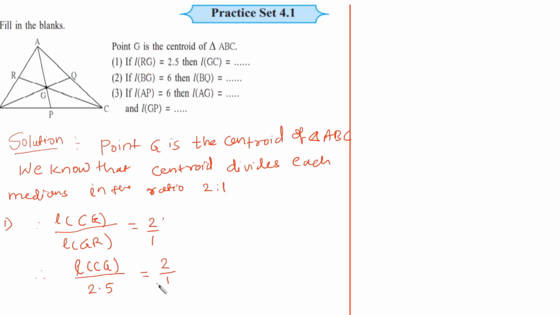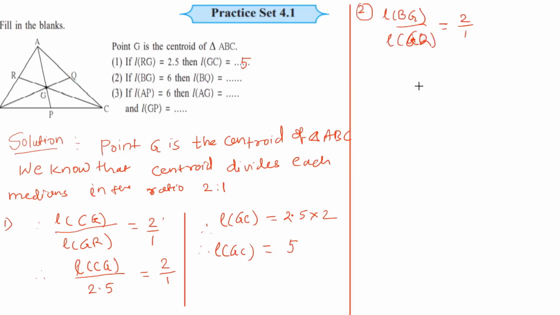Therefore, 2.5 is equal to 2 upon 1, so by cross multiplication length GC is equal to 2.5 multiplied by 2, which is equal to 5. Therefore, length GC is equal to 5. This is answer 5.